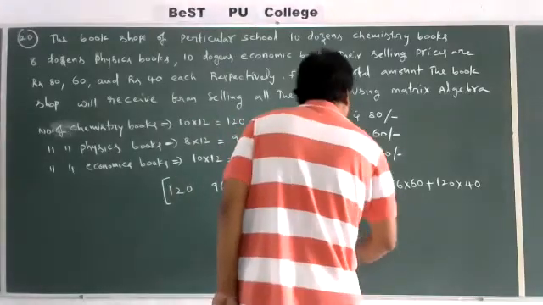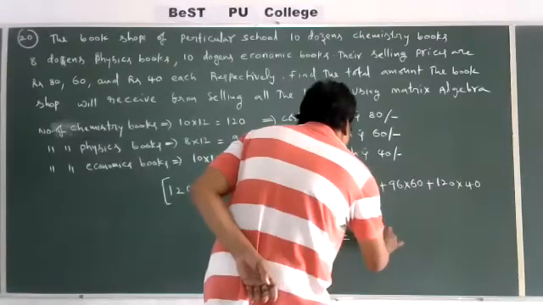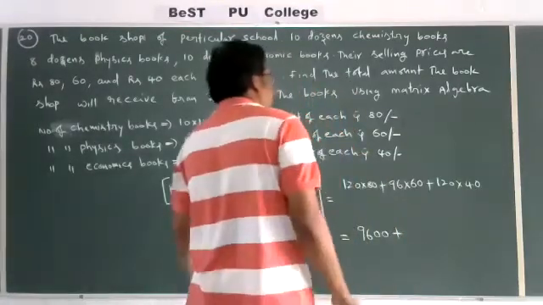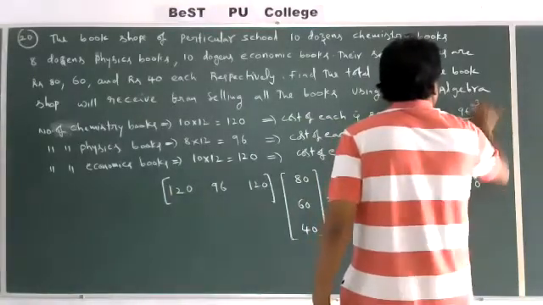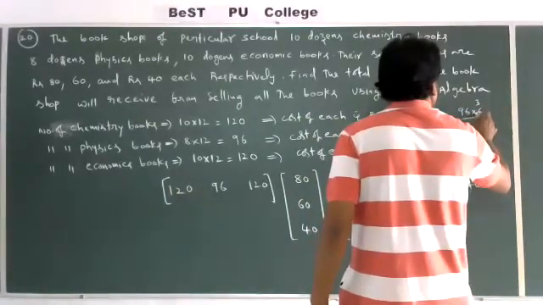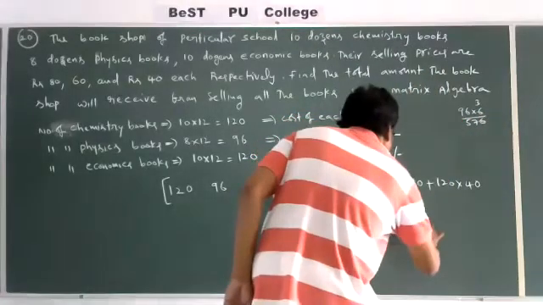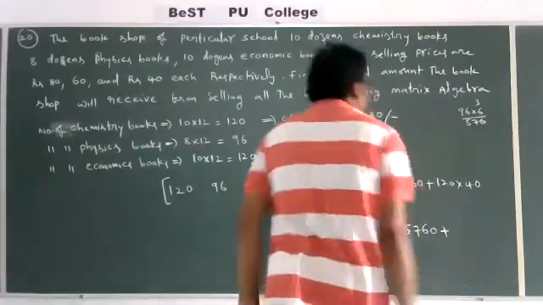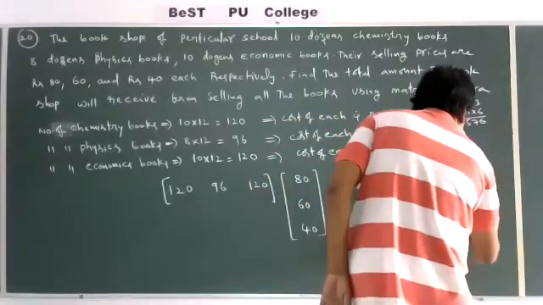That is equal to 9600 plus 5760 plus 4800.